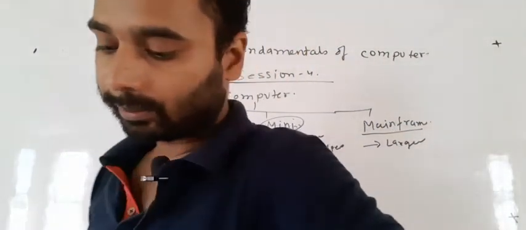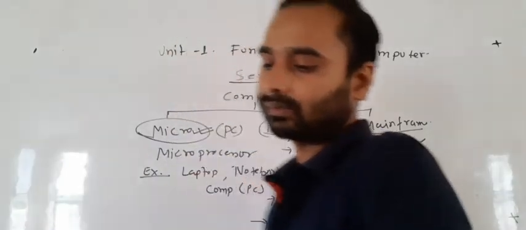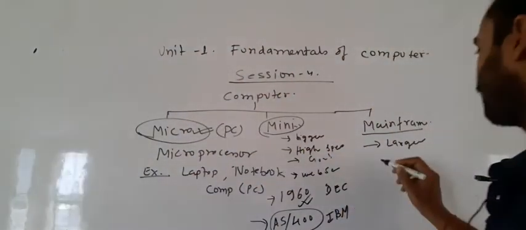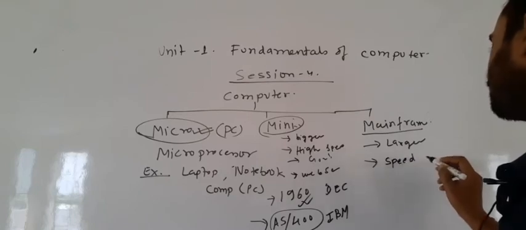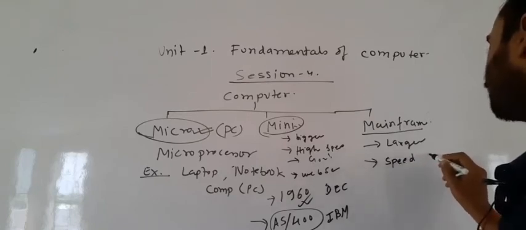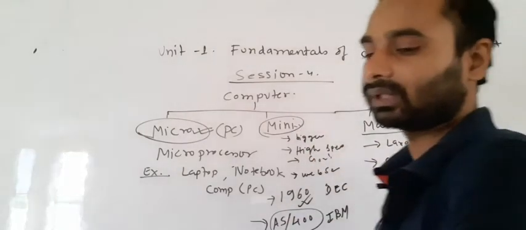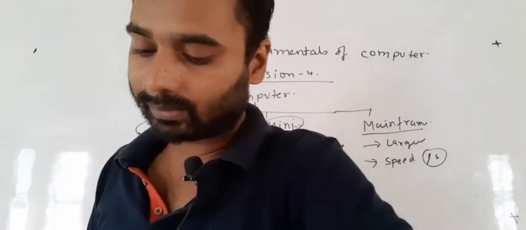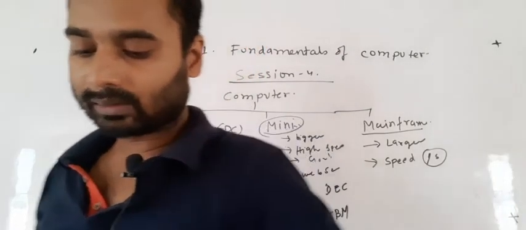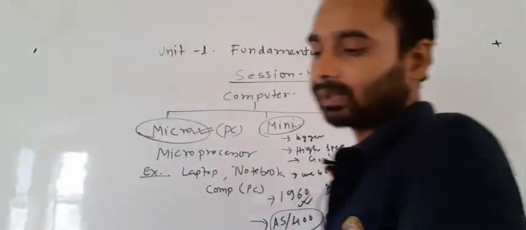Mainframe computers process data at very high speed, millions of instructions per second, compared to the mini computer. These are very expensive, and mainframe computers are designed for multiple users.